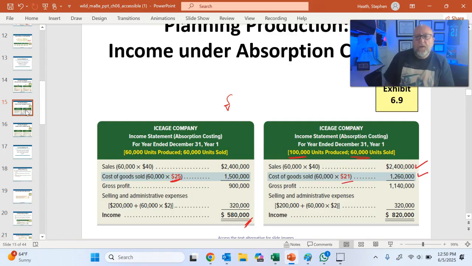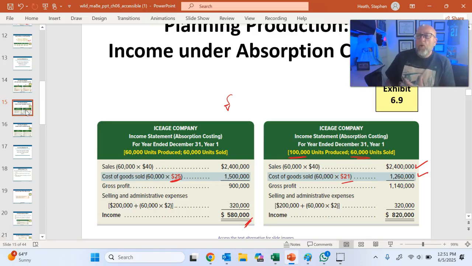Because the per unit cost of goods sold is $21, and it has to do with the fact that we spread our $600,000 in fixed costs over 100,000 units as opposed to 60,000 units in the previous example. We produce more, and on a per unit basis, it becomes less to produce.